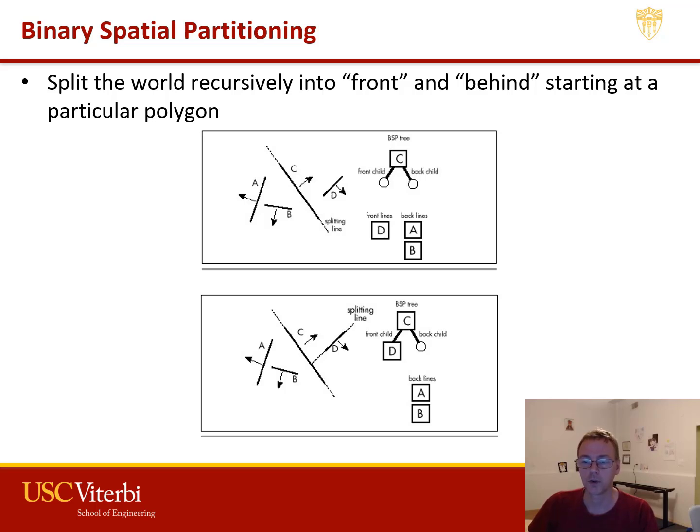So for example, here we've got a splitting plane C, and everything in front of C is on this side, and everything in the back is on that side. Then over here, we split this whole half of the world again using the A plane, and then it has a front and a back.